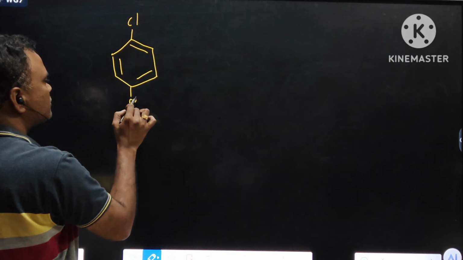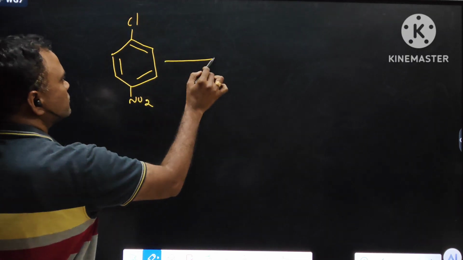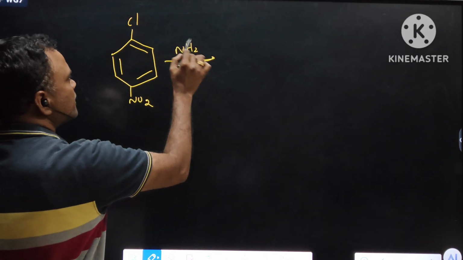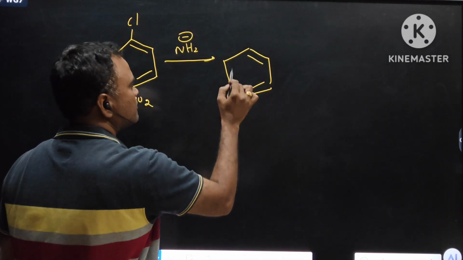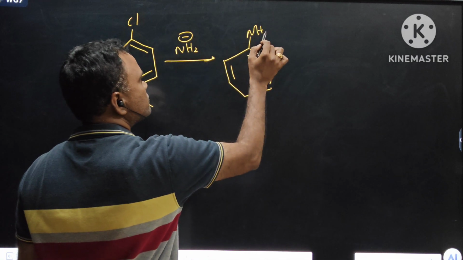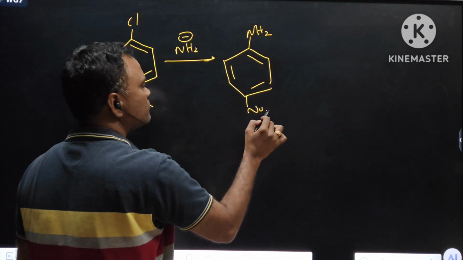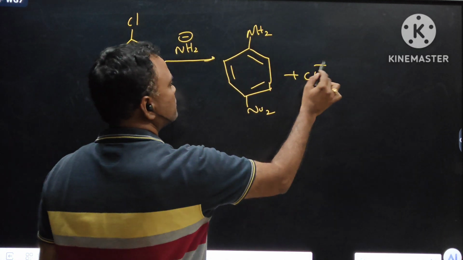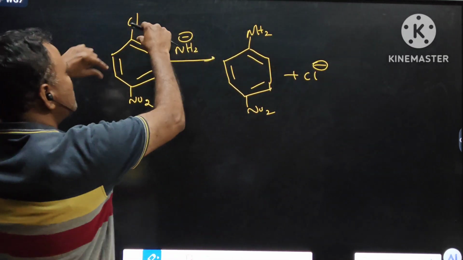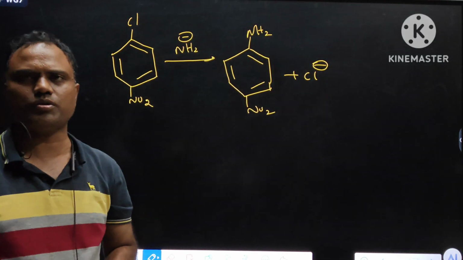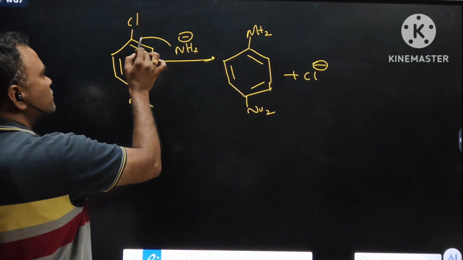Chlorine and NO2. NH2 negative is the nucleophile. NH2, NO2. Cl negative, NH2 negative. Nucleophilic substitution. Okay.